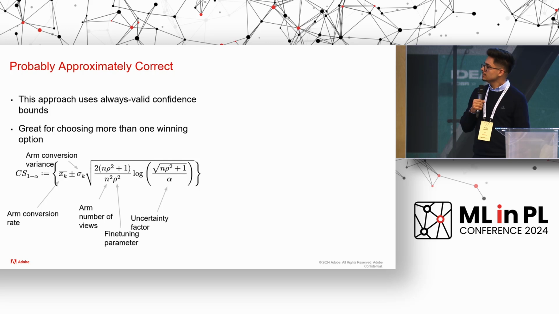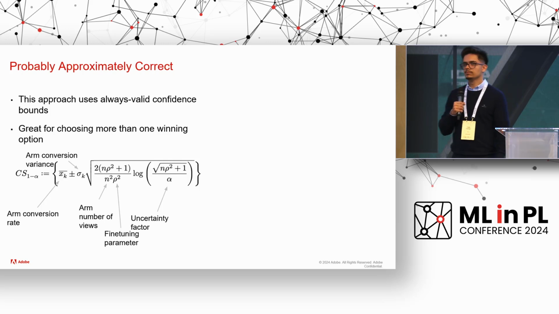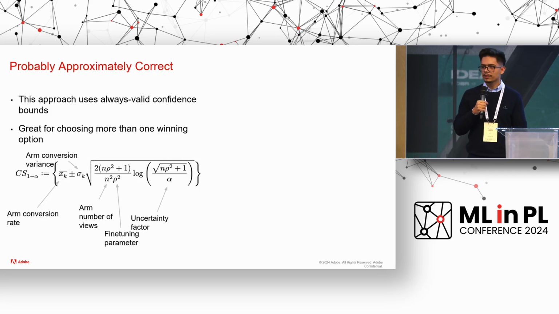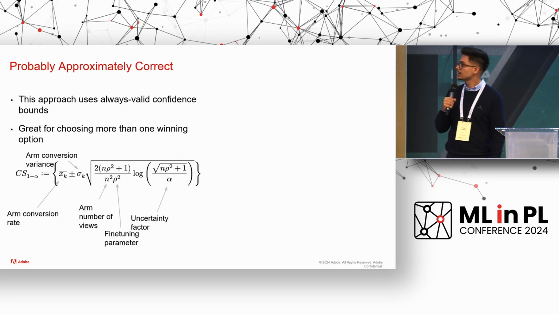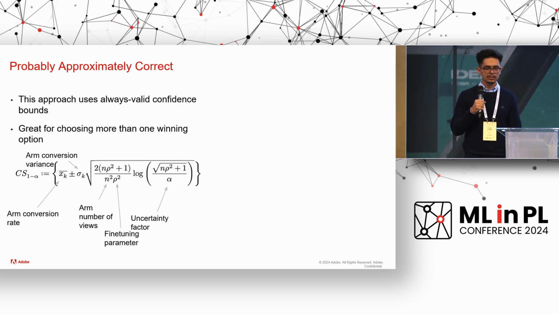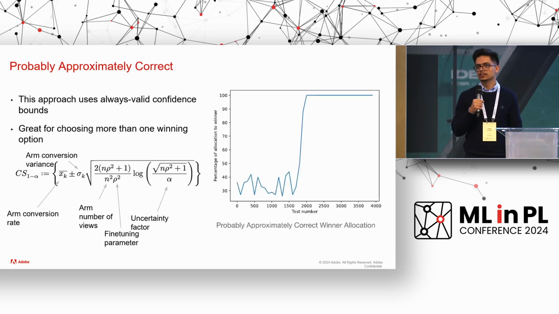So for an uncertainty factor of 5%, let's say, the algorithm will give a winner or more winners with a 95% confidence. And it also uses a fine-tuning parameter that you can optimize if you run multiple iterations.